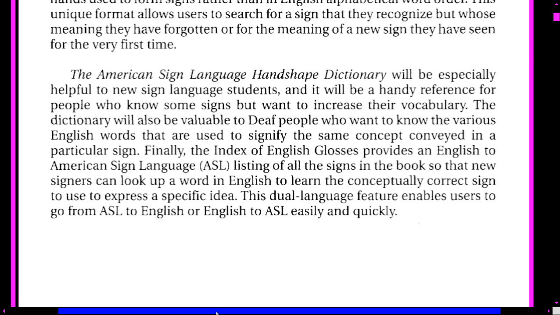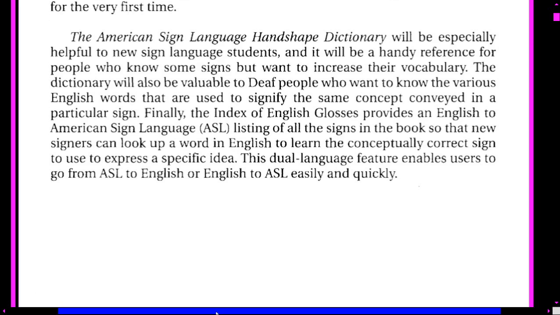Finally, the index of English glosses provides an English to American Sign Language (ASL) listing of all the signs of the book, so that new signers can look up a word in English to learn the conceptually correct sign to use to express a specific idea. This dual language feature enables users to go from ASL to English or English to ASL easily and quickly. This page intentionally left blank.